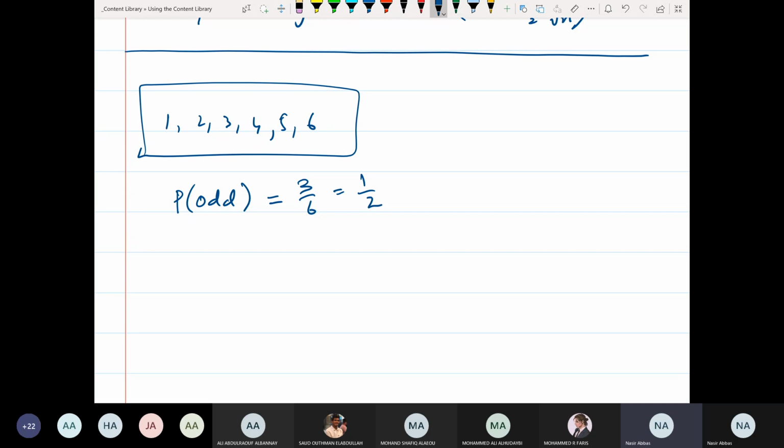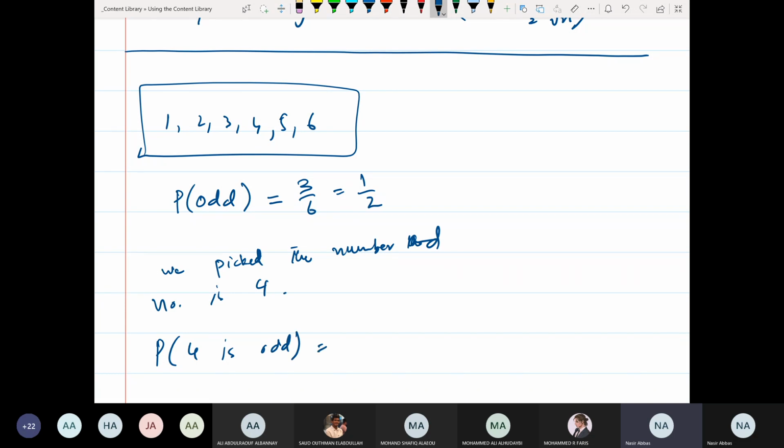But if I tell you I picked a number and the number was 4, now find the probability that 4 is odd. Can you find this probability?